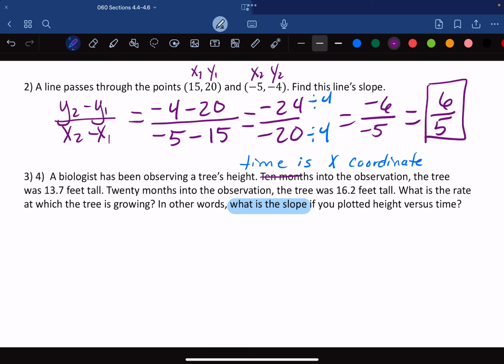We're given that 10 months is 13 7/10 feet, and we're given that 20 months is 16 2/10 feet.